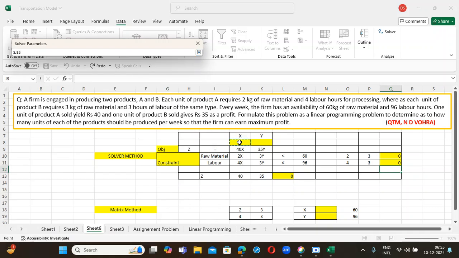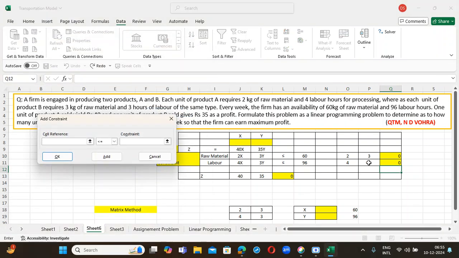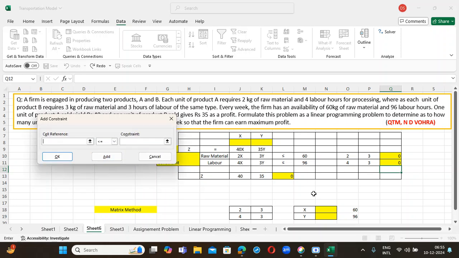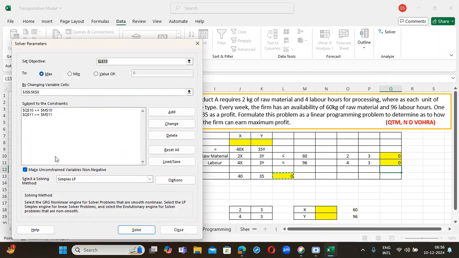I like to know what should be the value of X and what should be the value of Y, and what should be your constraints. The constraint is that the particular cell for labor and raw materials, whatever comes, should be less than or equal to 60, and again add whatever the value comes here, it should be less than or equal to 96. Then okay, non-negativity you have to check, then solve.